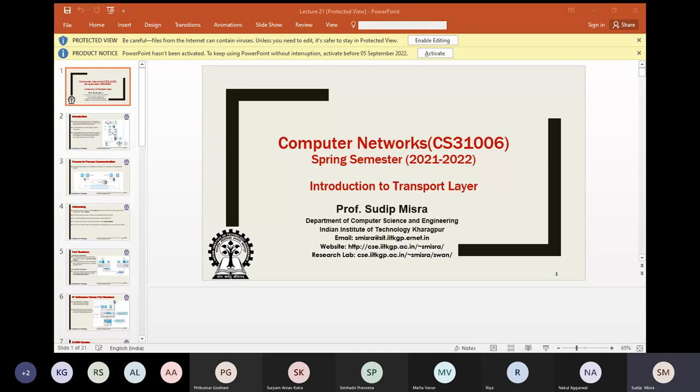The client will produce the message. This message is going to be pushed to the transport layer. The transport layer is going to fill in the corresponding header, and through the logical channel, or actually through the physical channel via the network layer and so on, it is going to send it to the server.